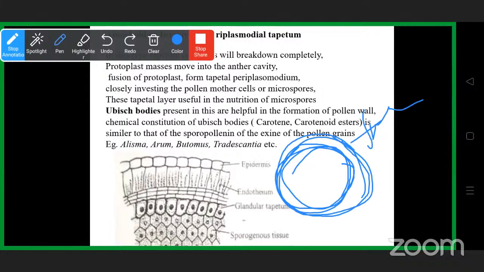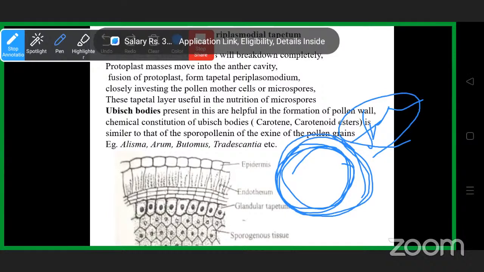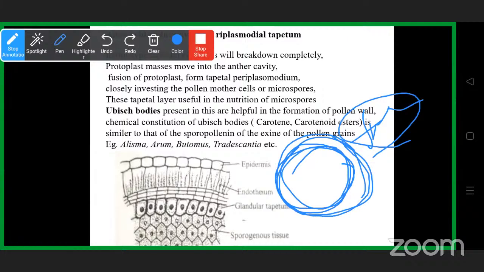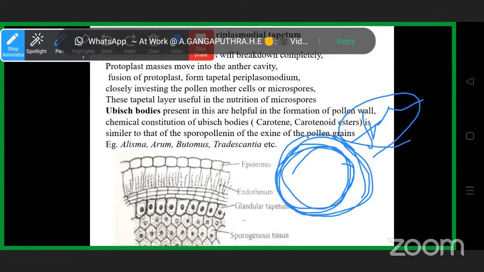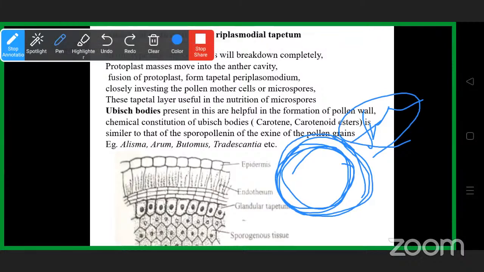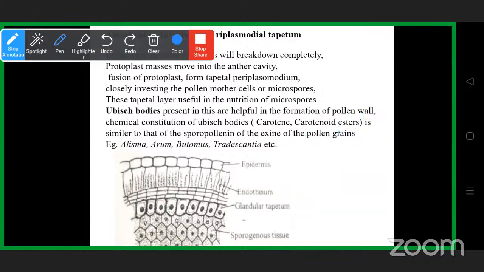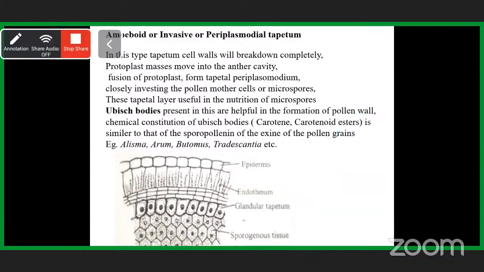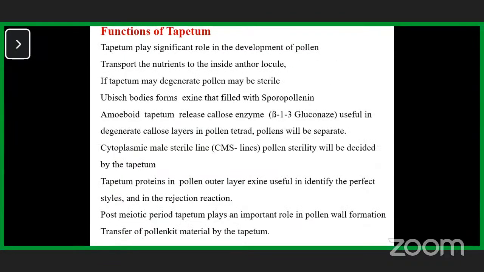It will remain because of this hard coated spore, that is prepared by these Ubisch bodies. Where there is tapetal cell sap, there it is forming the Ubisch bodies. Ubisch bodies are useful in the preparation of the tough layer of the pollen. Okay, that's very important, sporopollenin. That's why the pollens are hard, tough. They don't get damaged.